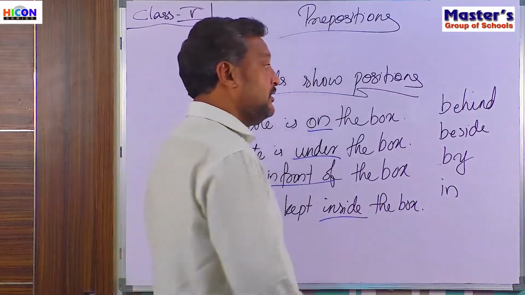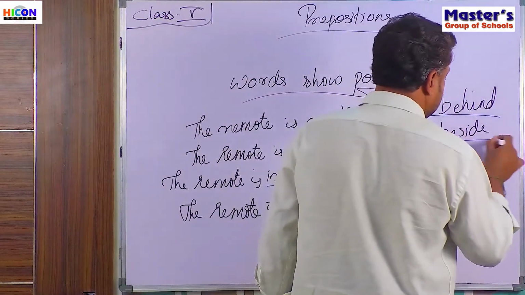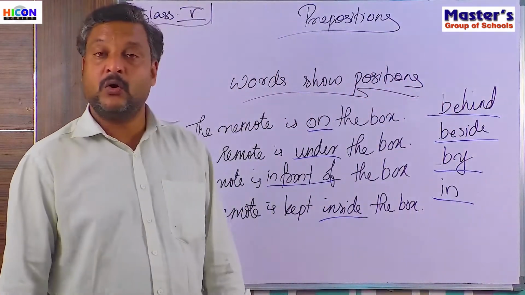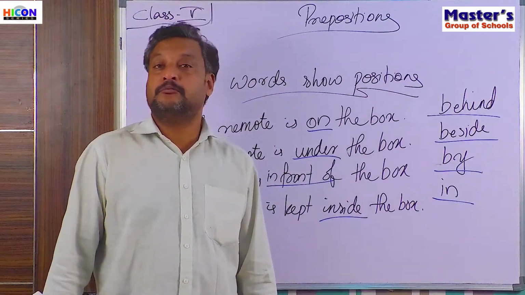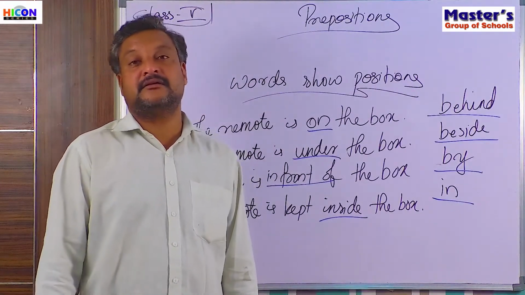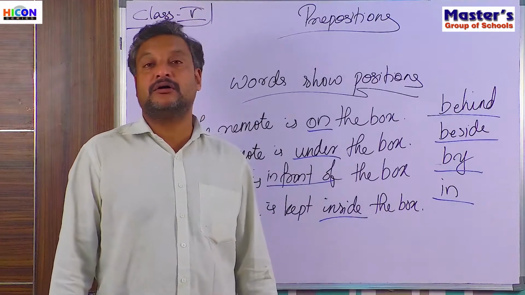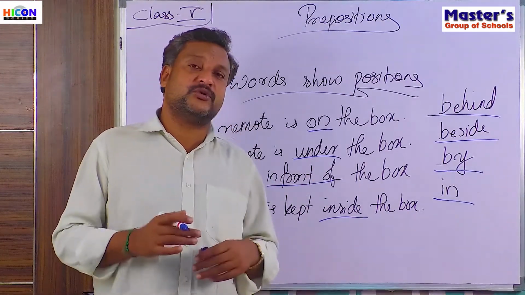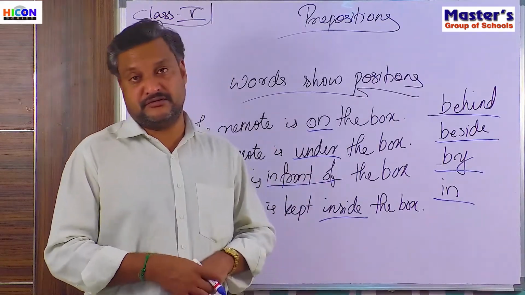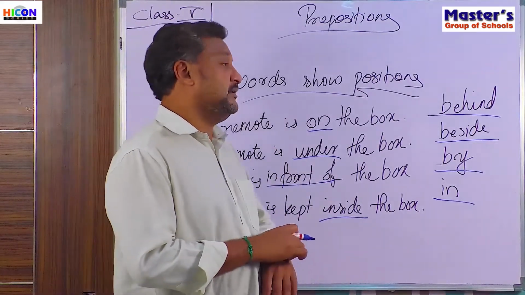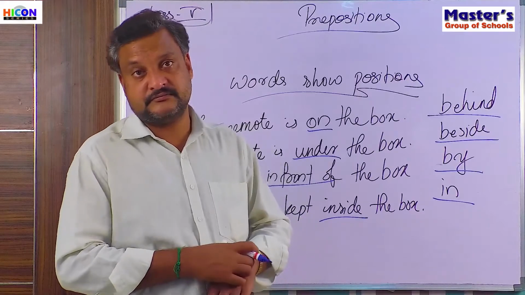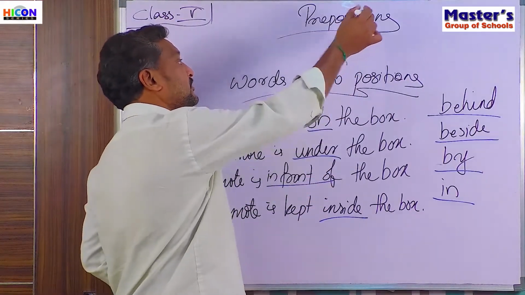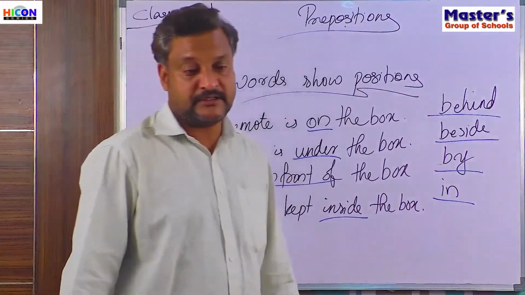Inside, behind, beside, by, in, at, over, above, below, beneath, across, along. All these kinds of words are used for showing the position of one thing related to another. These kinds of words are called prepositions, right?